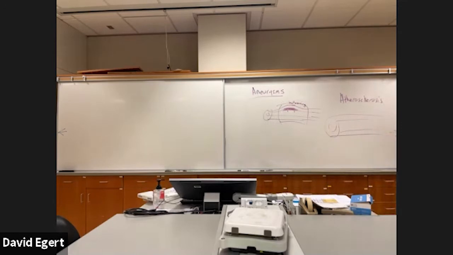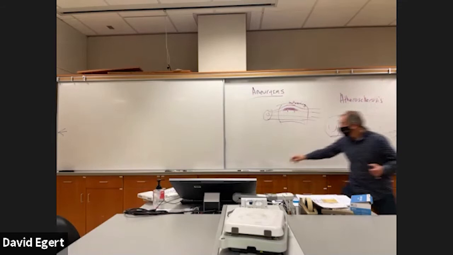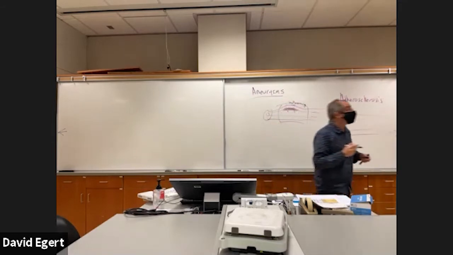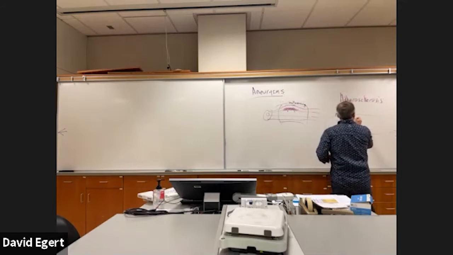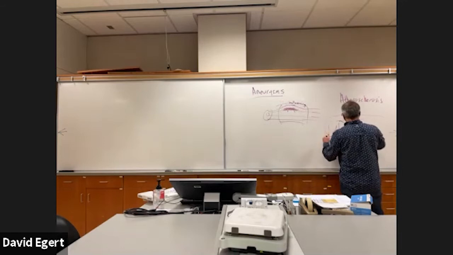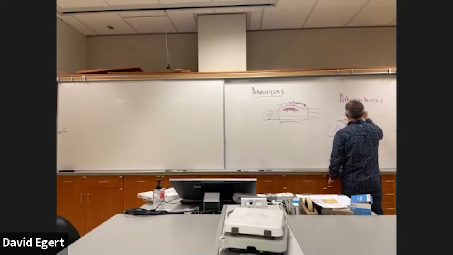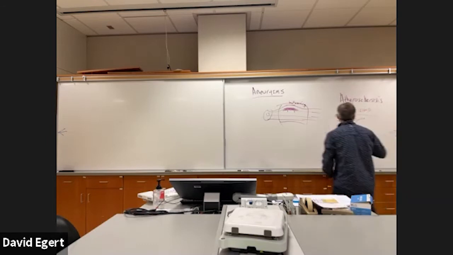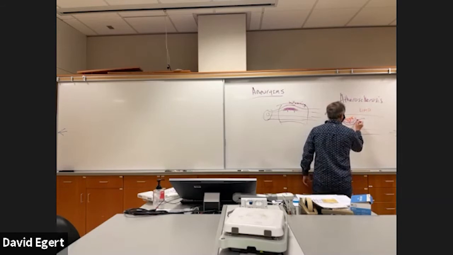Hardening of the arteries. This is when you start getting these atherosclerotic plaques. So plaque is these lipid inclusions, as well as kind of a proliferation of the smooth muscle.